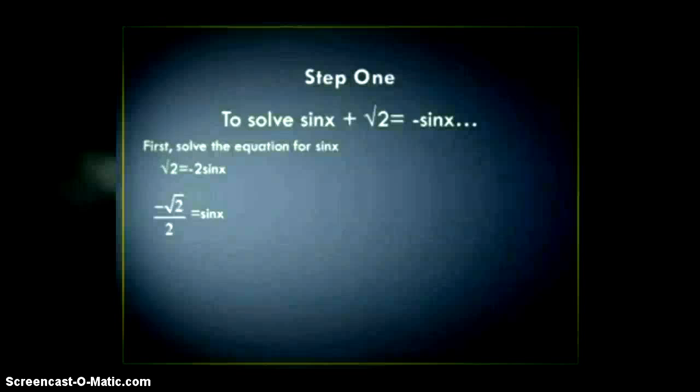We want to subtract sine of x from both sides, and that gives us the square root of 2 equals negative 2 sine x, because if we subtract sine x here, then we remove the sine x from that side, and then here when we subtract sine x we get negative 2 sine x. And so here what we need to do is divide by negative 2 so that we can get the sine x by itself, and we get this.